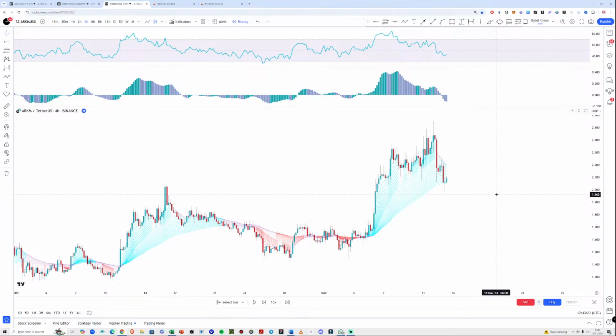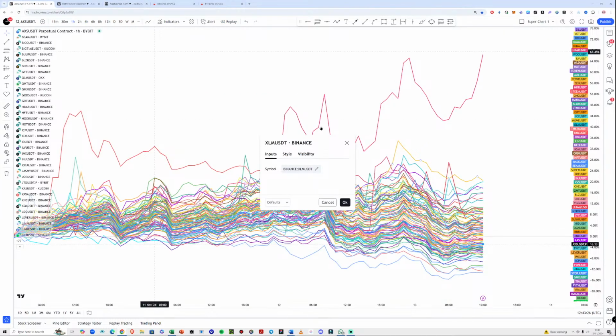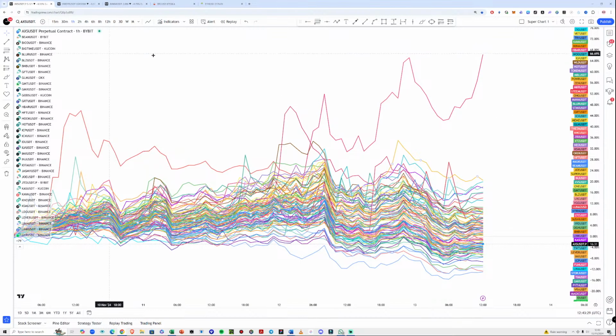All right, so do you guys have any questions about what we've run through in terms of the overlays, how to scan for strength, the process you guys should be putting in place, and how to mark, set alerts, and trade these markets?